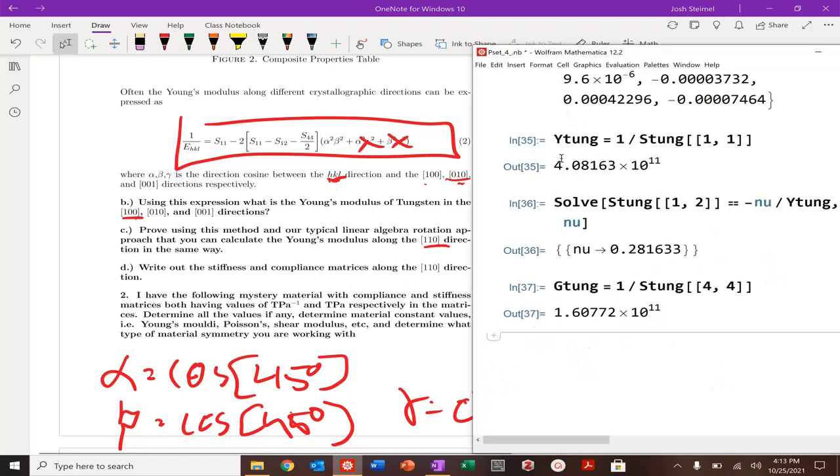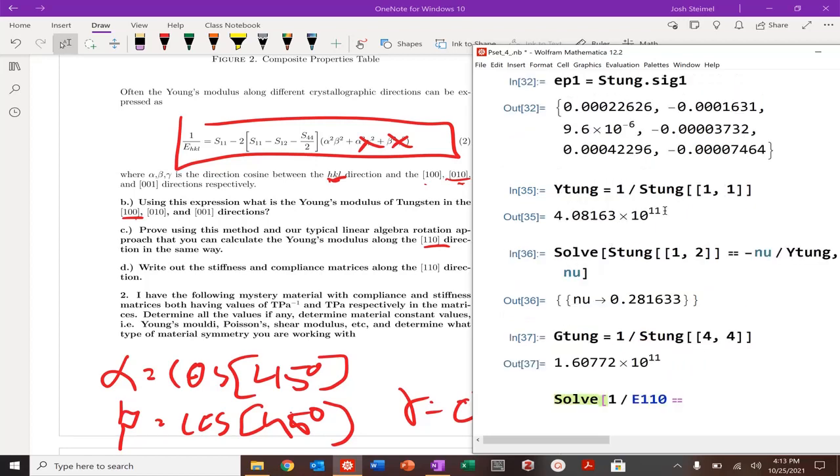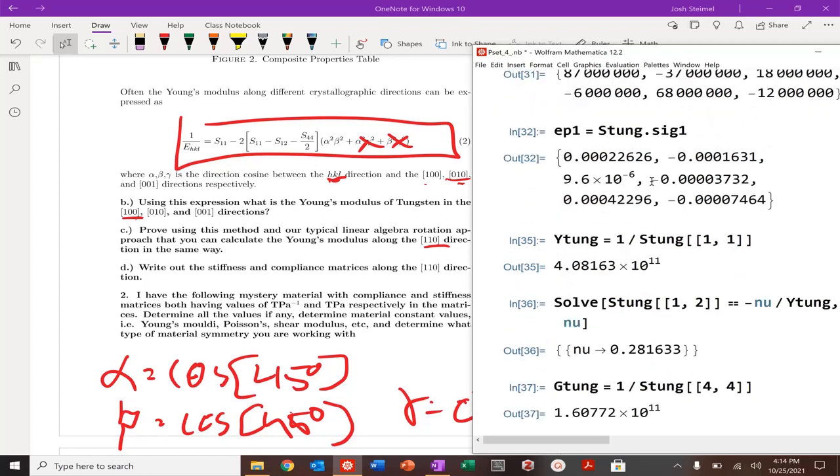So let's go ahead. So my 1 divided by E110 set equal to S11, or actually, oh shoot. This is the annoying part.